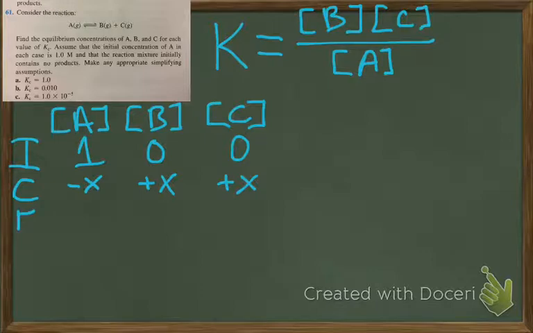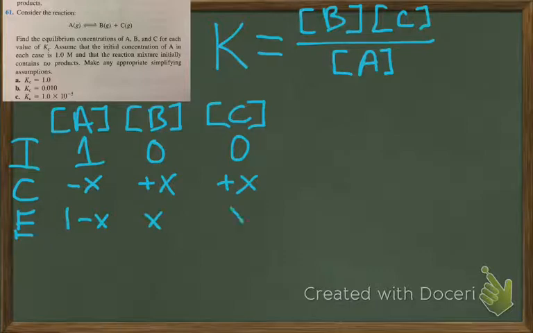Now, to finish off my ICE chart, ICE's initial, change, equilibrium. So, what does that mean my equilibrium concentration is going to be for A? Well, if I start with 1, and then I change by negative x, it's just going to be 1 minus x. And then what's my equilibrium concentration of B going to be?